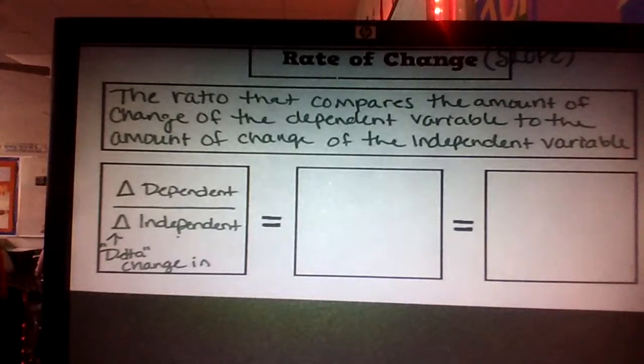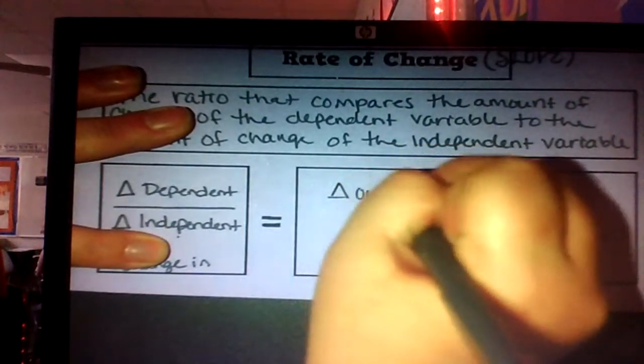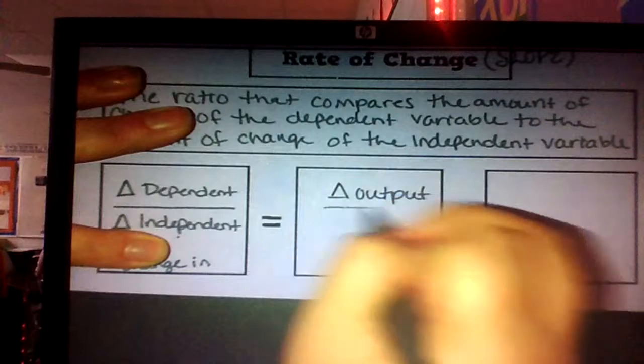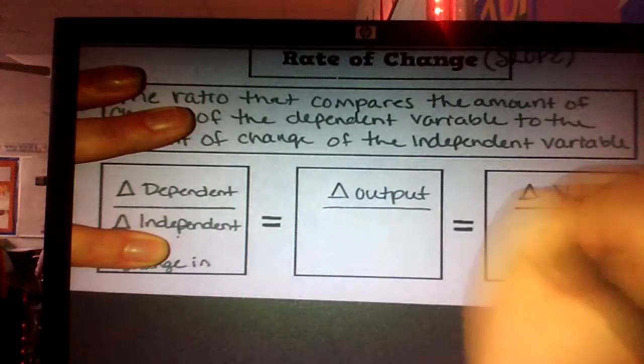Okay, if we go to input and output, dependent is the same as my output. Which variable was my output? Y. Your Y. Okay, so let's change this from change in dependent to the change in the output, which means on the top, I'm looking for the change in Y.